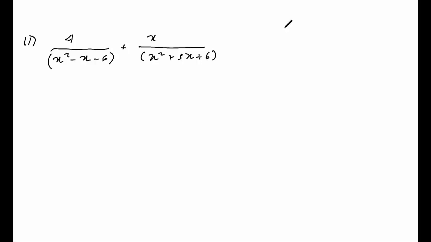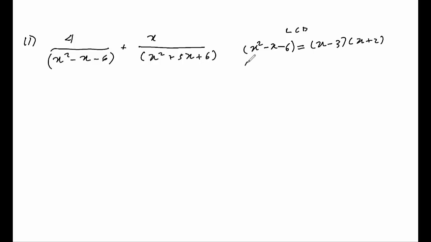And now we want to find the lowest common denominator, so we look at the denominator and factor the denominator in the first term. x squared minus x minus 6 is equal to x minus 3 times x plus 2.